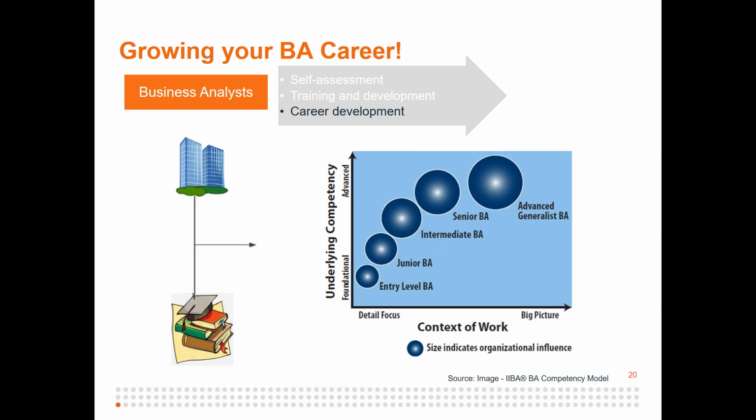You'll see this diagram in the competency model, and it has always resonated with me because it shows the way you work towards building your career. The size of the bubble indicates the influence that you have in the organization.